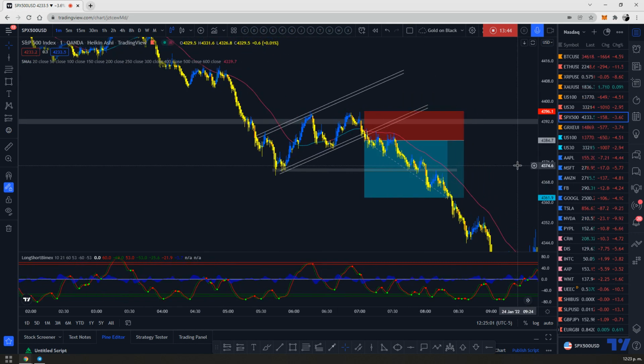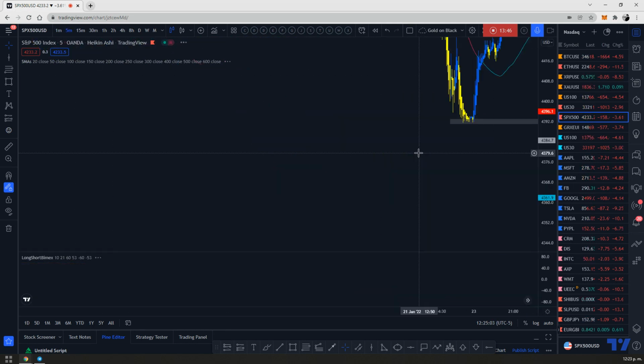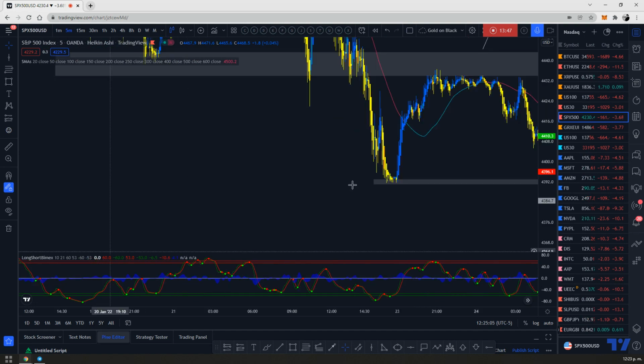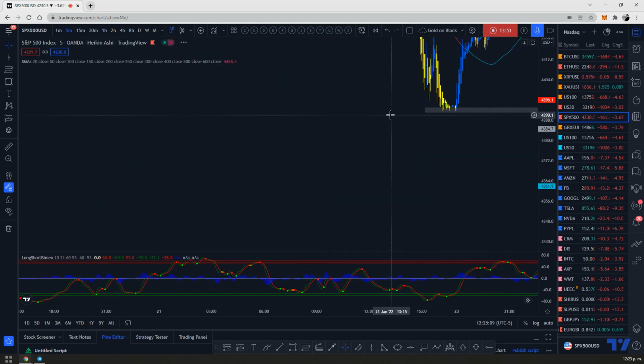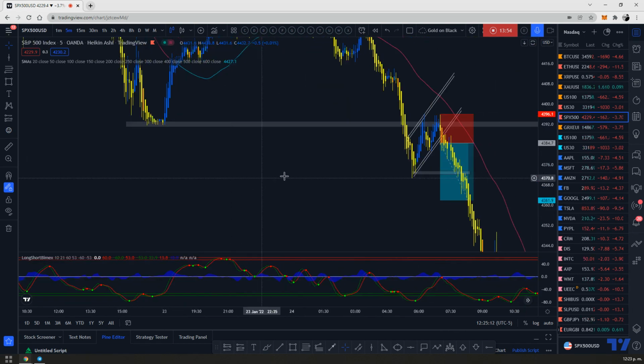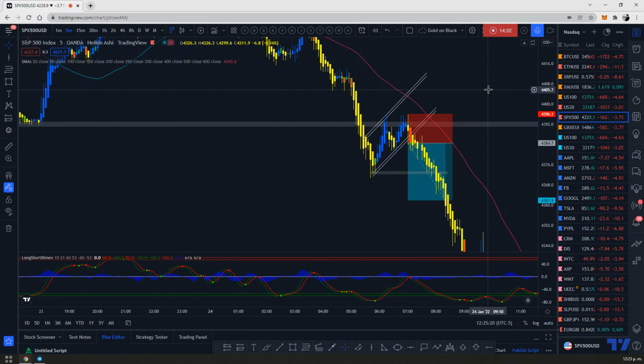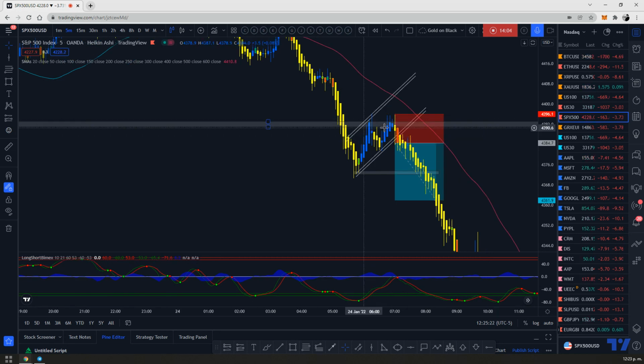So right here, I believe it was a 1 minute or 5 minute. You see, price came and broke very strong. It broke the previous zone, came back up for retest, and you see what's the best entry. You see that these candles look a little small, and there is a lot of indecision.